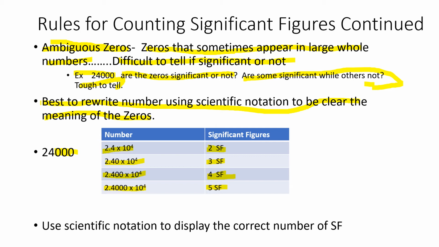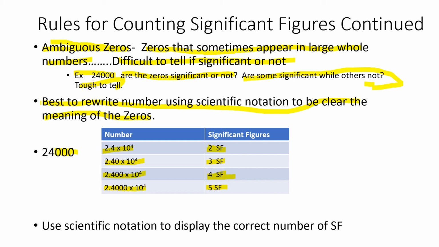Now here's another case where when you look at this, the numerical value of all of these numbers is identical. Mathematically, in a pure mathematical sense, those are all exactly the same. All of these numbers are still 24,000 in a pure abstract mathematical sense.